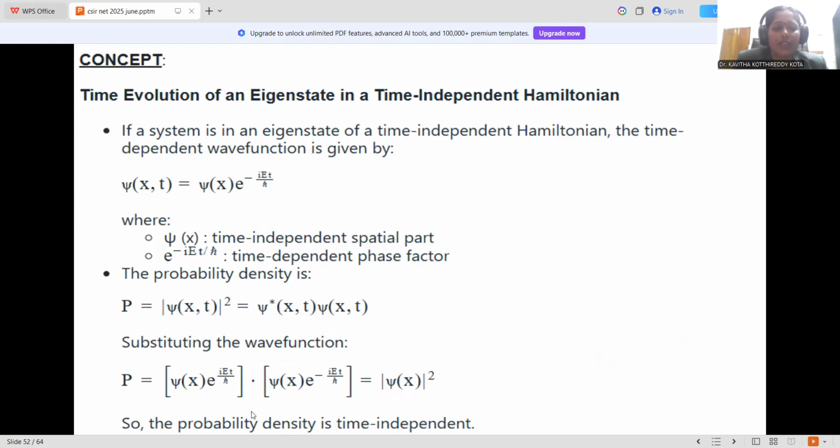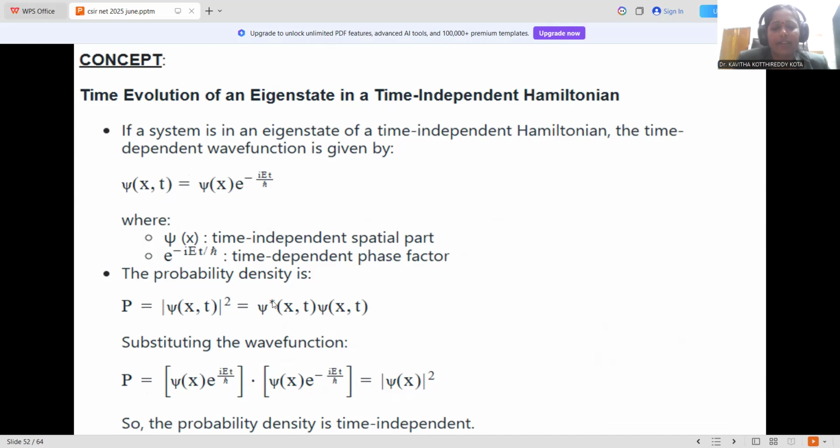Substituting the values, psi x,t is known to you, so P is equal to psi x e to the power i E t by h cut, dot psi x e to the power minus i E t by h cut.